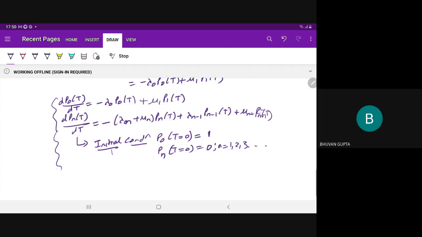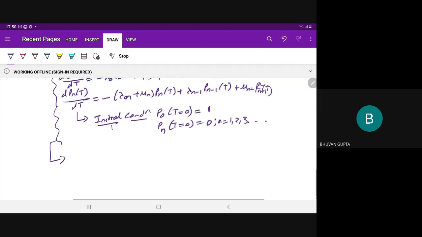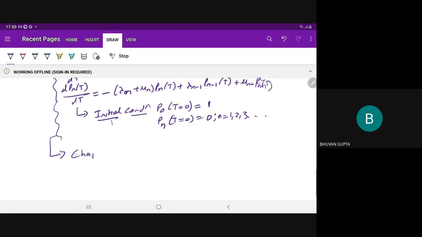This is known as the Chapman Kolmogorov differential difference equation.